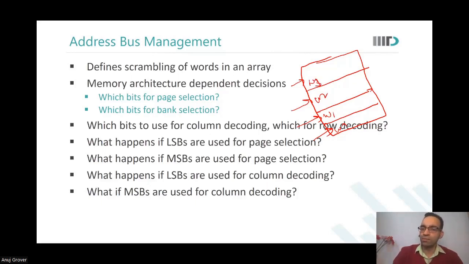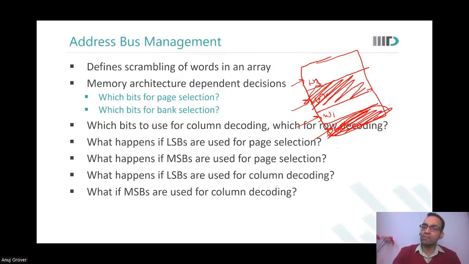So I know that I may write consecutive words, but in the memory, let them be spread far apart. Why? Simply because when I read them again, I will be reading them one after the other. Then let me not stress any one bank too much. None of the banks should be stressed too much.